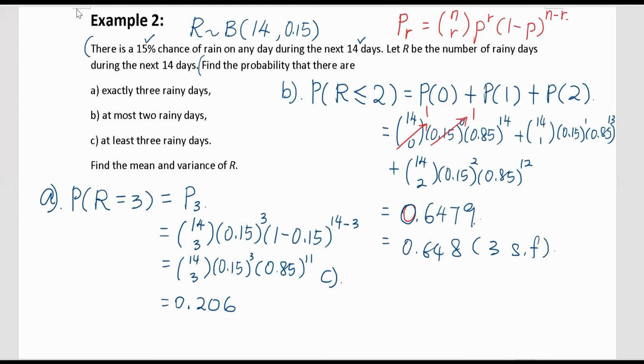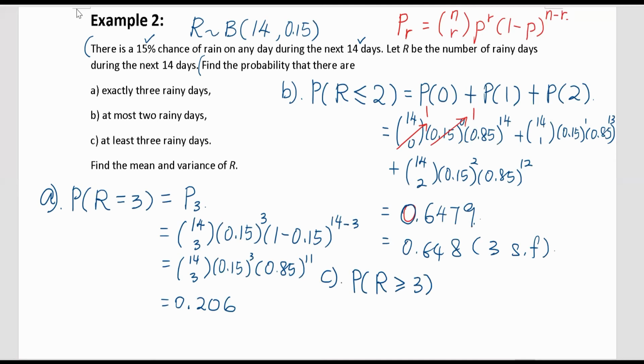We're trying to find the probability that there are at least 3 rainy days. So the probability of at least 3 rainy days is capital R, the number of rainy days, greater than or equal to 3.